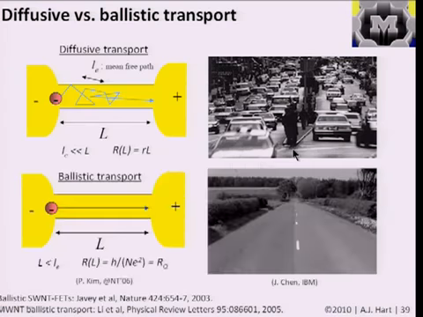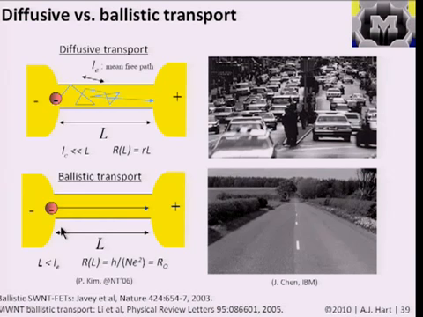Now, the picture is a bit different if we have a case where the length of the carrier, or the length of the channel, or the length of the nanotube is very short, say smaller than the mean free path. In this case, the electron can go through the system effectively without any collisions, and you could say this is like driving down a road with no traffic and no traffic lights, and you can essentially go as fast as you want.